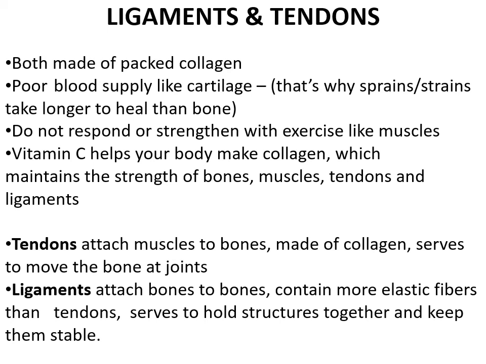Ligaments tend to have a bit more elastic fibers in them, but they're essentially made of collagen, and they attach from bone to bone, giving more strength, for example, across joints. Okay, so if it wasn't for ligaments, your joints would be completely loose. They would have no strength. They would have no give to them. They would just wobble. So the ligaments really hold joints together strongly.